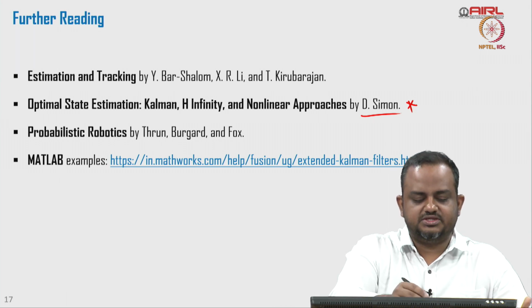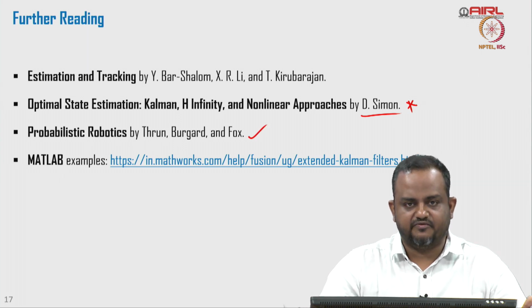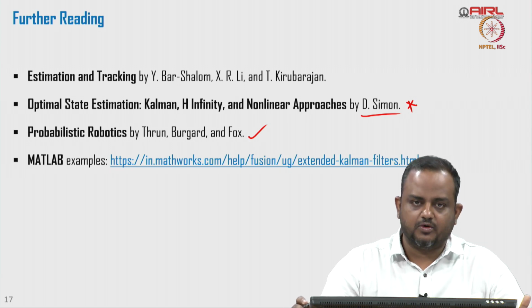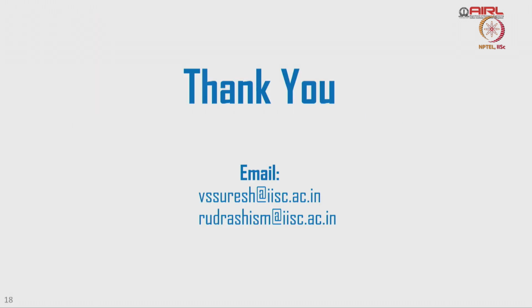You can go through Probabilistic Robotics by Thrun, Burgard and Fox to read about other variants of filters which give better performance compared to the extended Kalman filter in the presence of strong nonlinearity. And there are some MATLAB examples which are very useful in this particular link, which you can follow and then write your own code. Thank you.